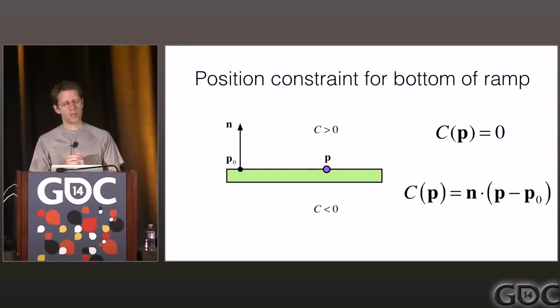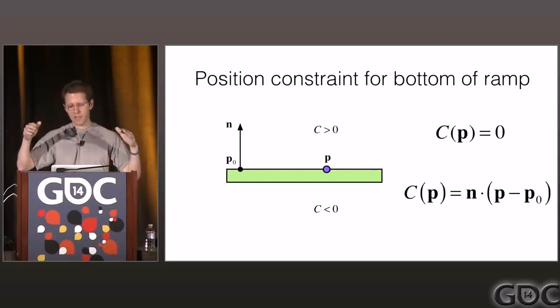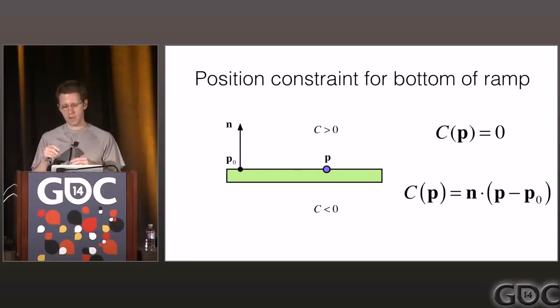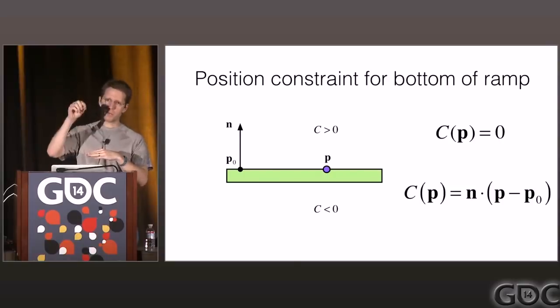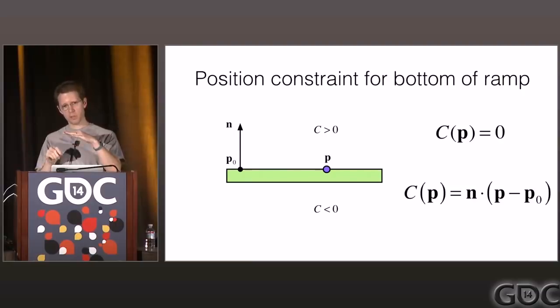That constraint function c must be equal to 0 when the constraint is satisfied. Otherwise, it must be non-zero. The bottom of the ramp is flat, so I've just defined c to be the signed distance of that particle from that plane. If the particle is above the plane, then c is positive. If the particle is below the plane, then c is negative. That has the properties that we want.